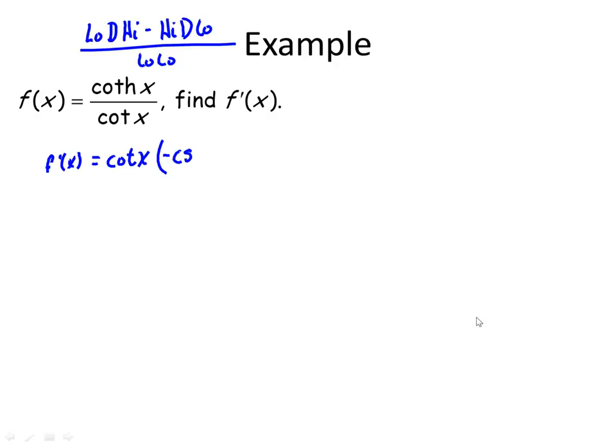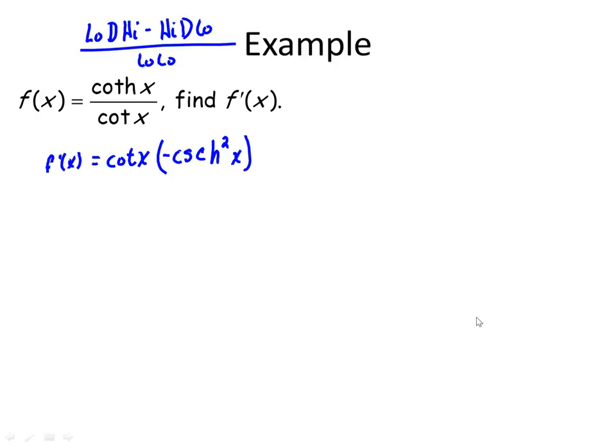Is that better? I don't care how you say it. Just write it down correctly, especially. U is x this time, right? So we don't have to worry about that. So the derivative of hyperbolic cotangent x is negative hyperbolic cosecant squared x.